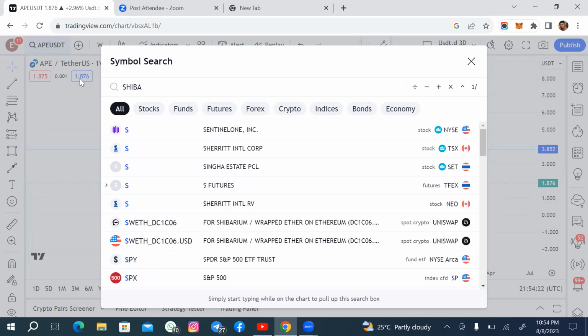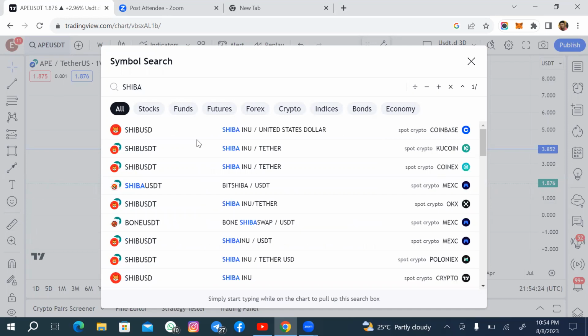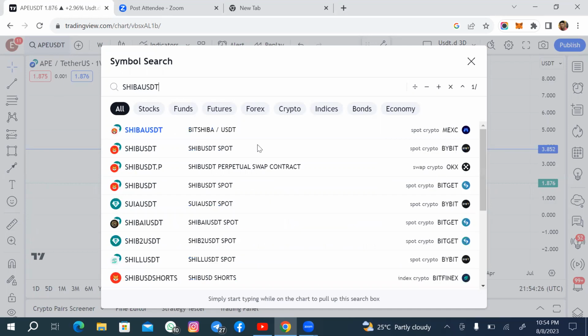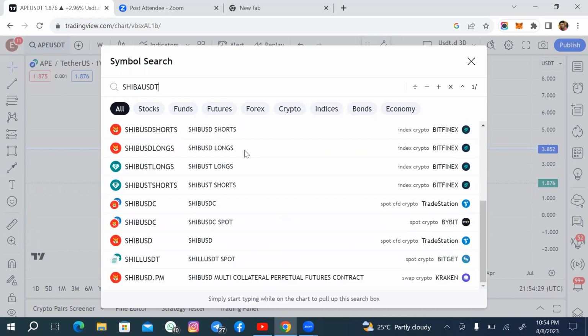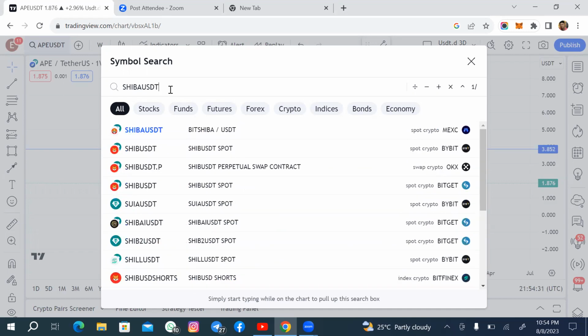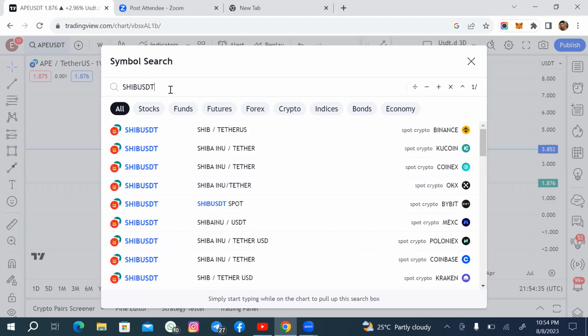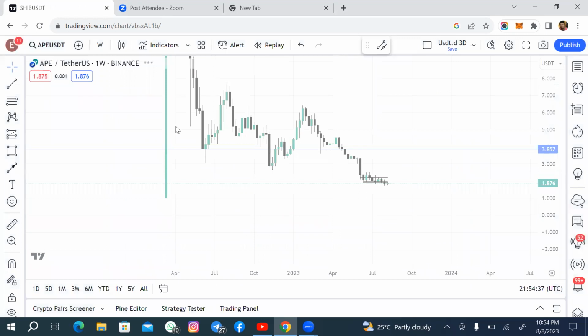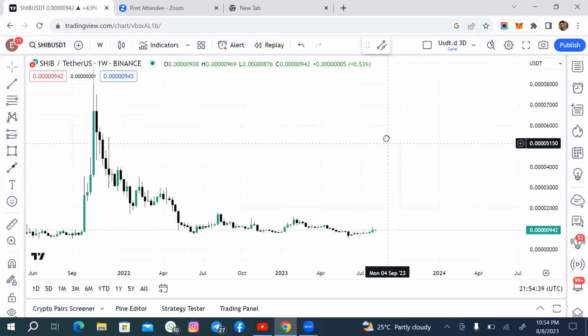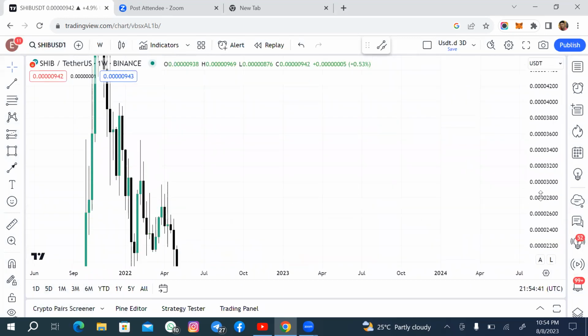Shiba, I gave that on the group. Shiba USDT, Shiba Inu. I gave that. Let me just put SHIB, I think that's the acronym.